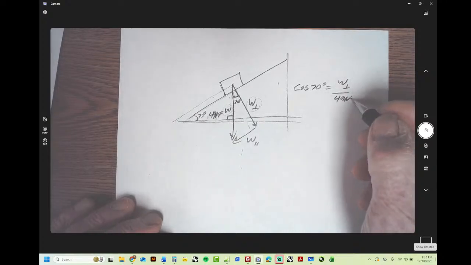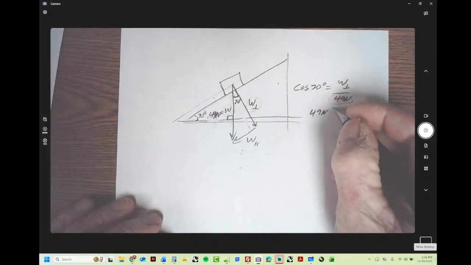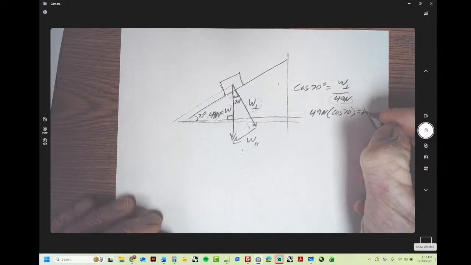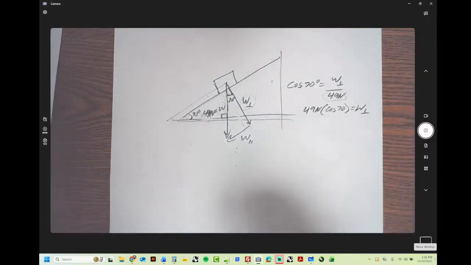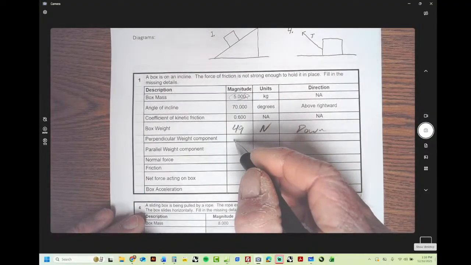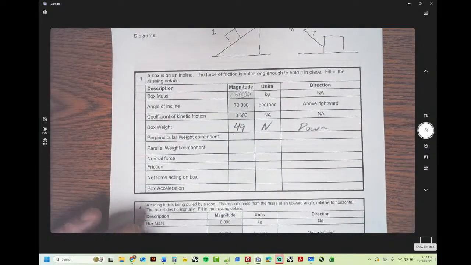And therefore, if I multiply the weight, 49, times cosine of 70, then I get the perpendicular component of weight. And that comes out to 16.